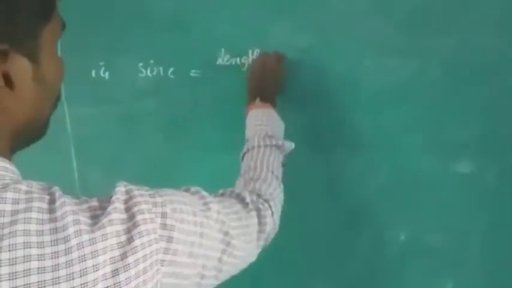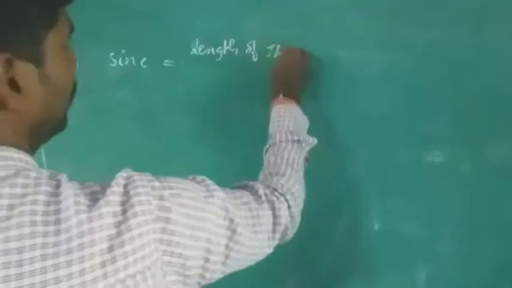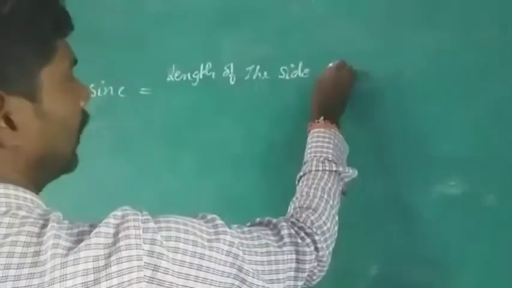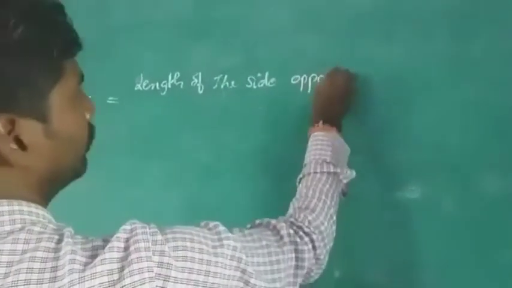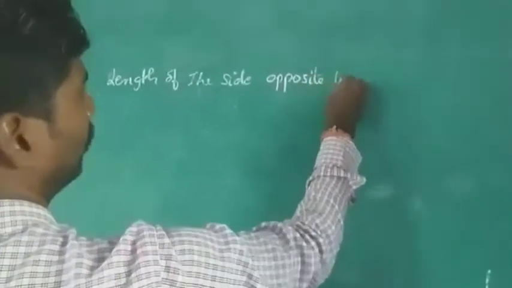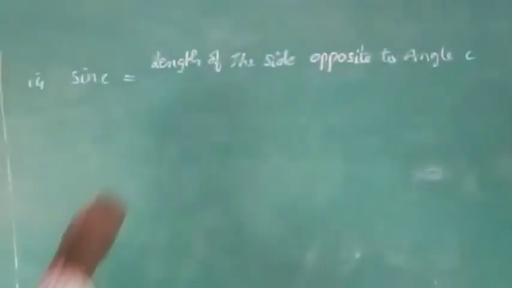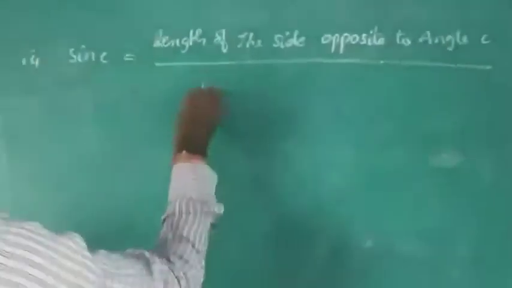The length of the side opposite to angle C by hypotenuse.